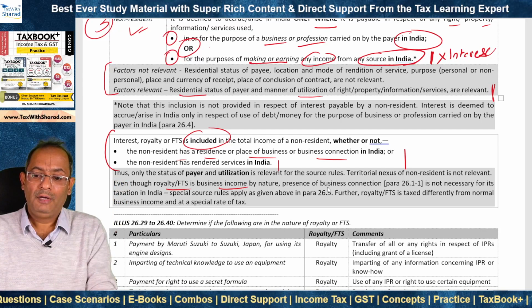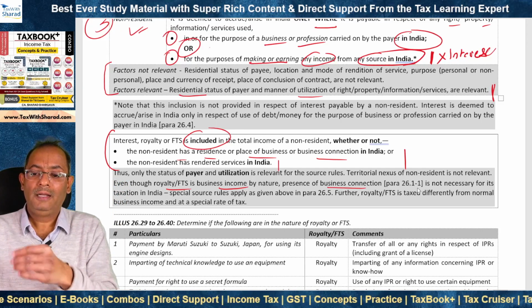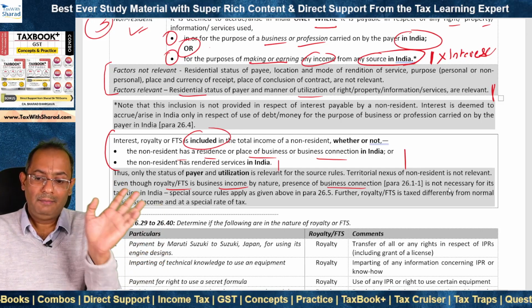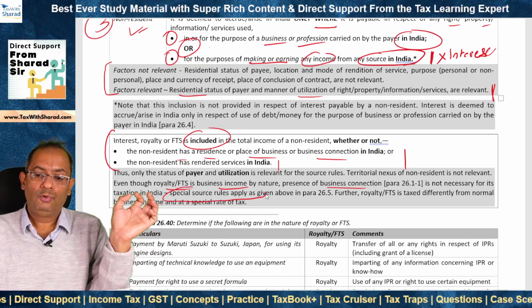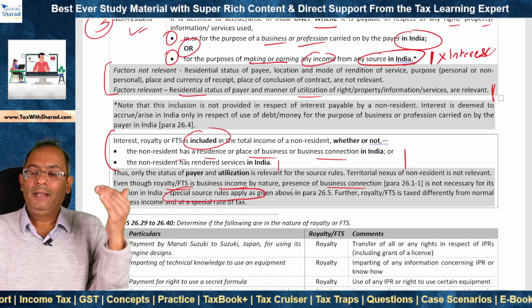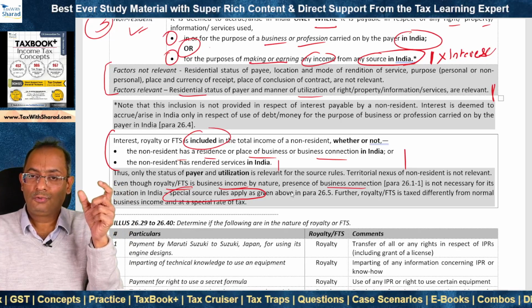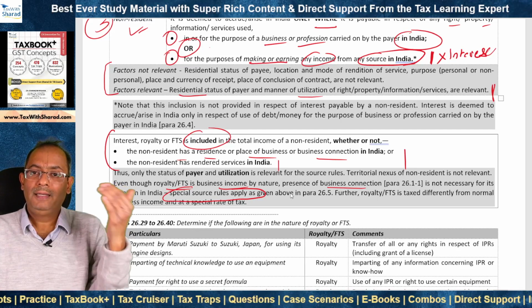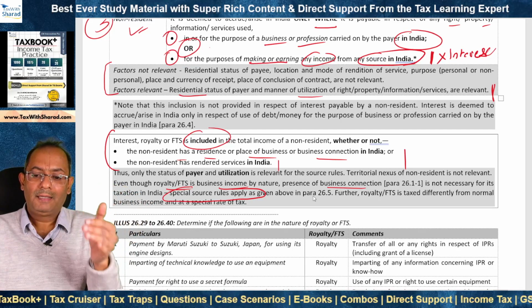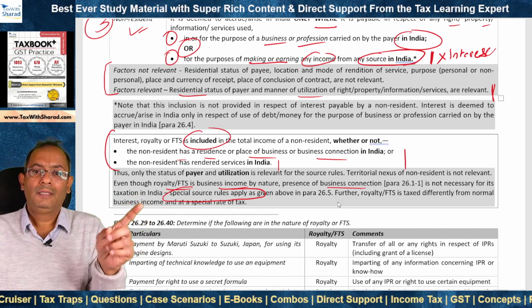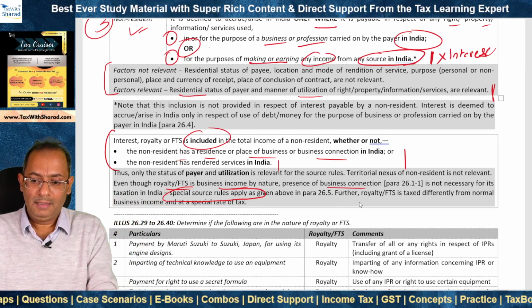And therefore, whether a business connection is present or not, it doesn't matter, because special source rules apply. And if the criteria of those special source rules are fulfilled, then the income becomes taxable in India because it is then deemed to accrue or arise in India.